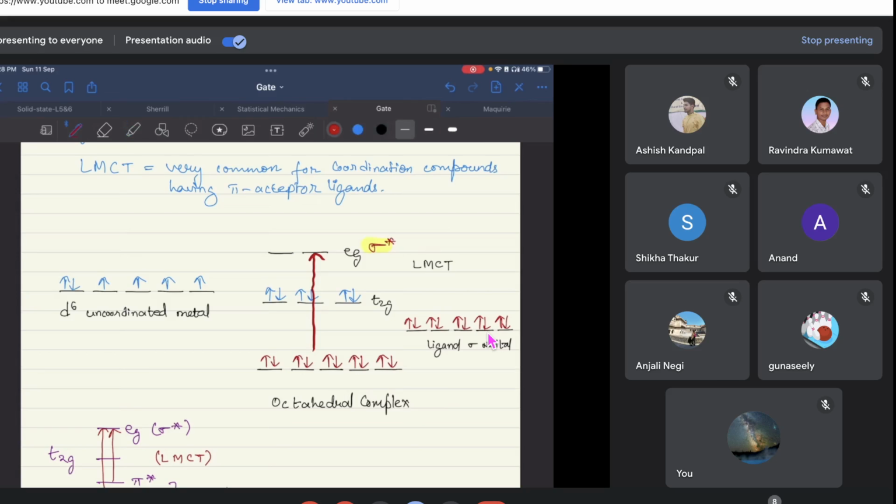This is the sigma antibonding for it. So this takes place from the full ligand orbital to the empty metal orbital. This is the LMCT.